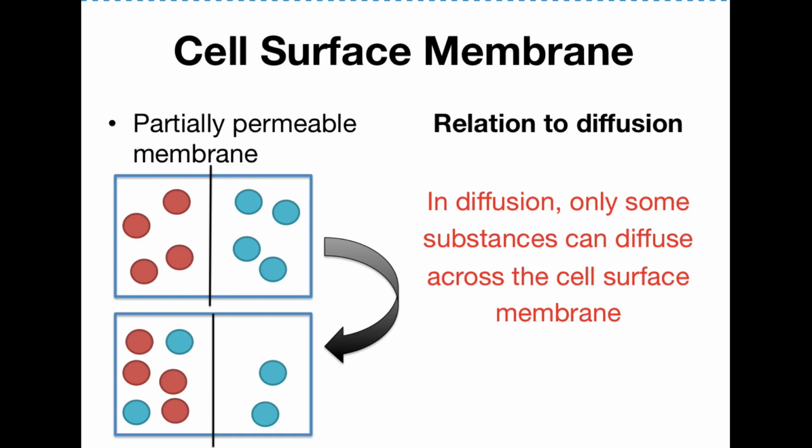So in this case, red dye particles are just like proteins that are unable to pass through this partially permeable membrane, while blue dye particles are like carbon dioxide and oxygen that are able to pass through this partially permeable membrane. So from this, we learn that in diffusion, only some substances can pass across the cell surface membrane.